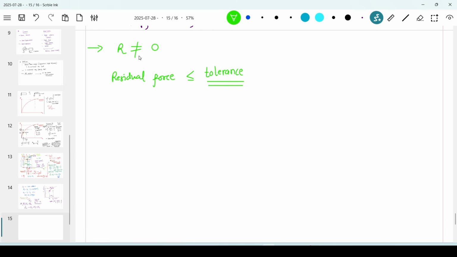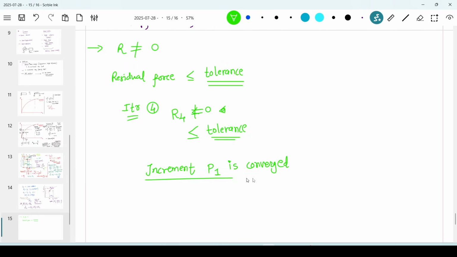Because the residual force can never be 0, we stop the iteration when it meets some tolerance, and the tolerance is very small. So in iteration 4, my residual force R4 is not equal to 0, but it is less than or equal to the tolerance. This we will talk about later tomorrow. When it is satisfied, say in iteration 4, we say this increment is converged, this complete increment P1 is converged.